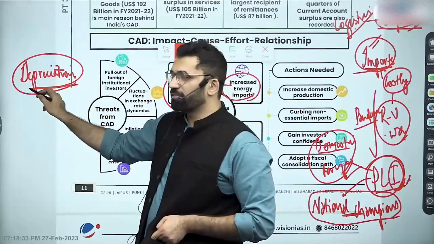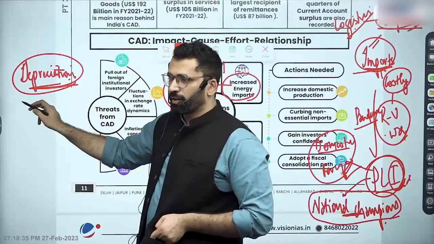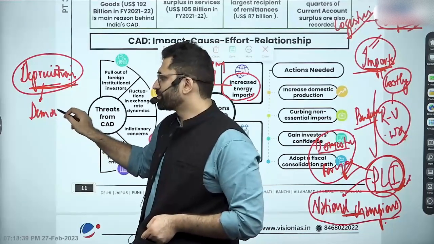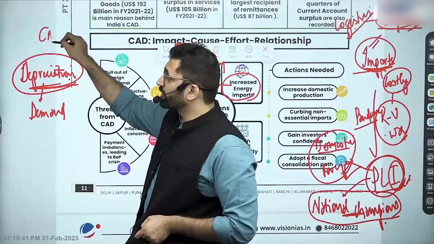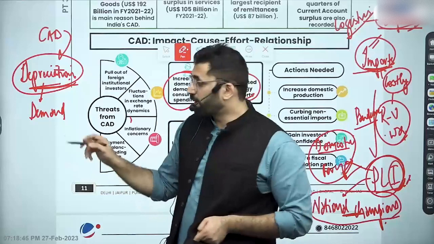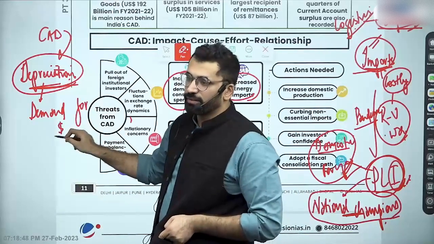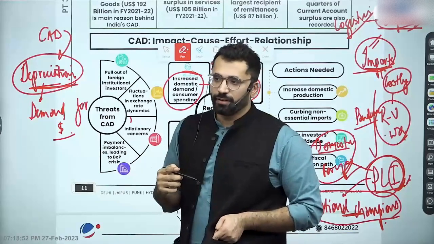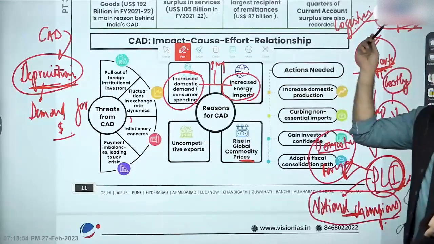Depreciation will happen why? Less demand, more demand. What is the cause of depreciation? Why is current account deficit causing depreciation? Demand for dollar is more, supply is less. Supply of dollars comes from where? This is the supply, this is the demand.